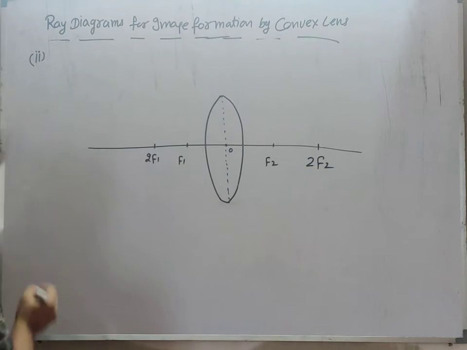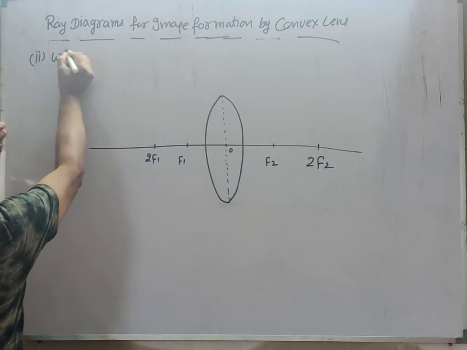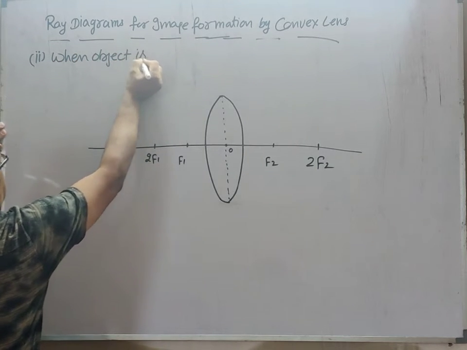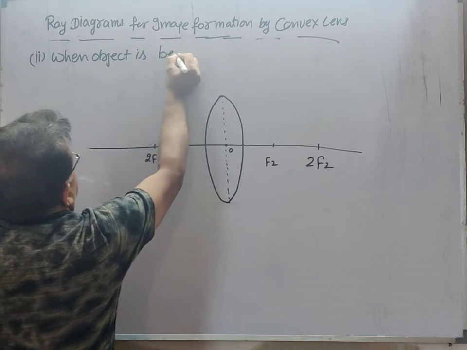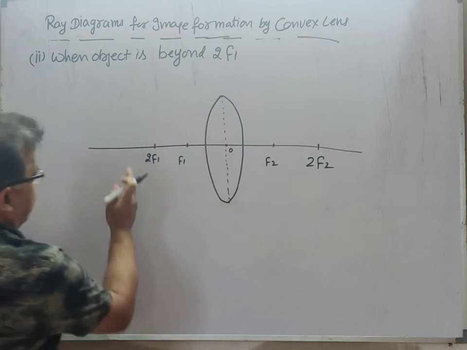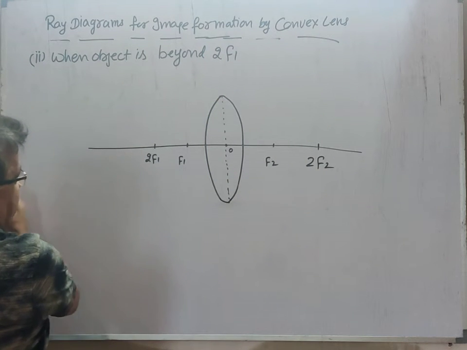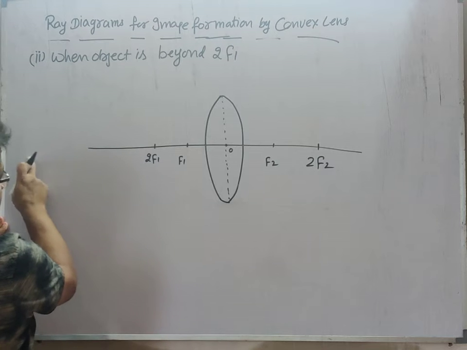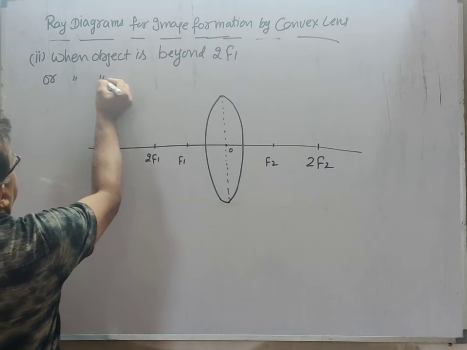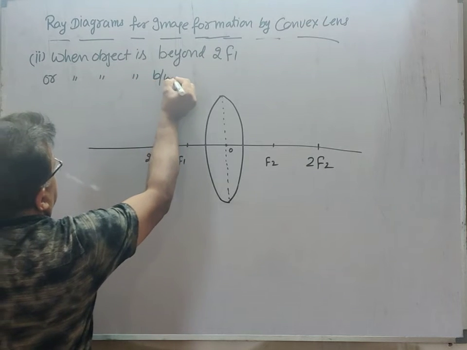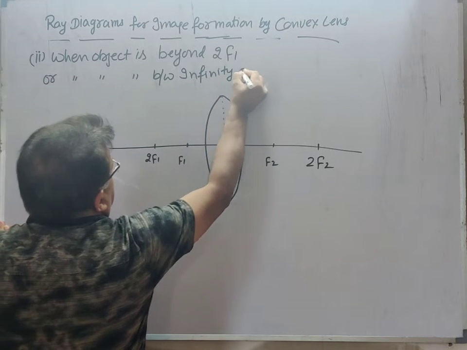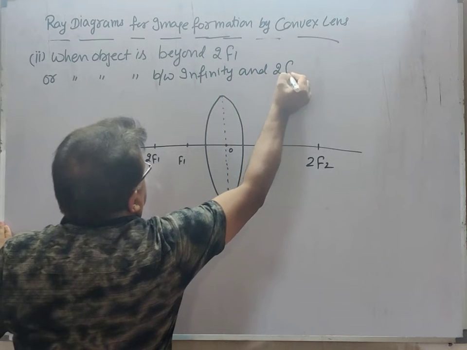Now the second position is when the object is beyond 2f1, that is, on that side of 2f1, or between infinity and 2f1. Both have the same meaning.